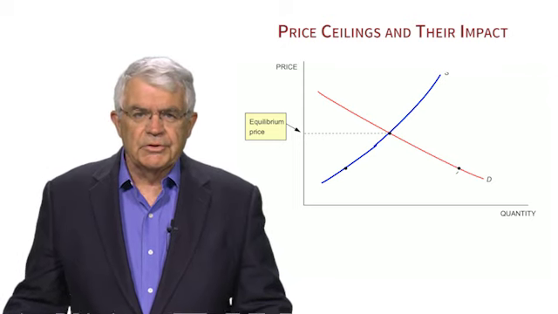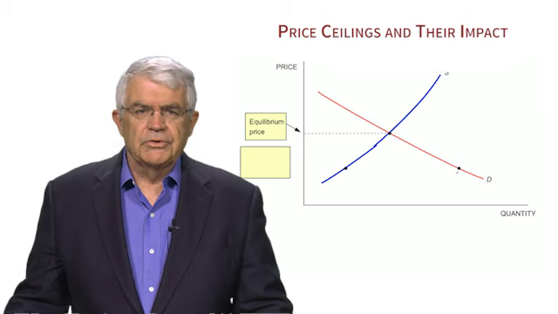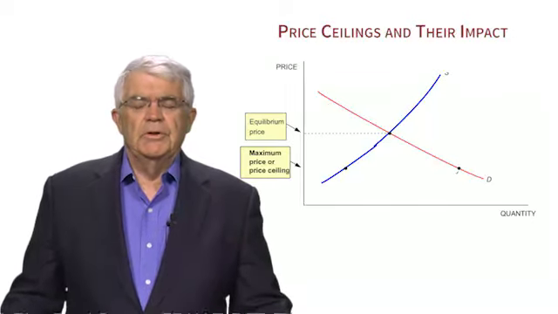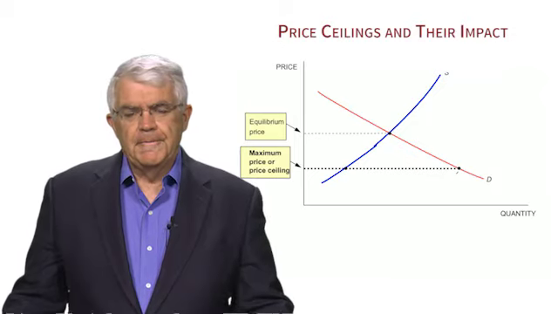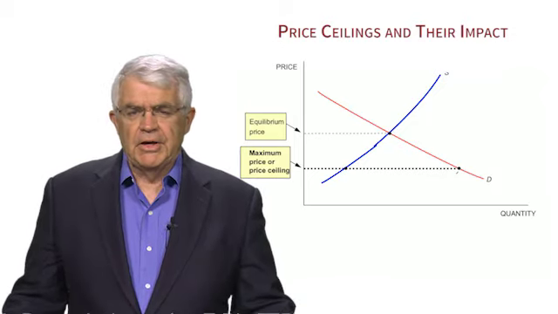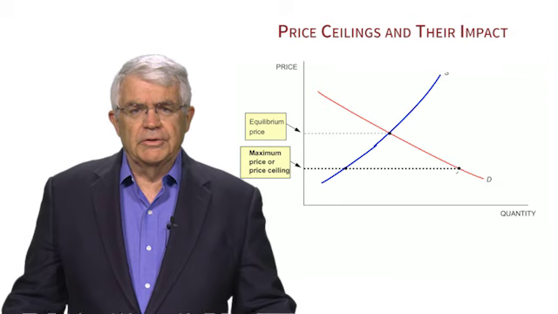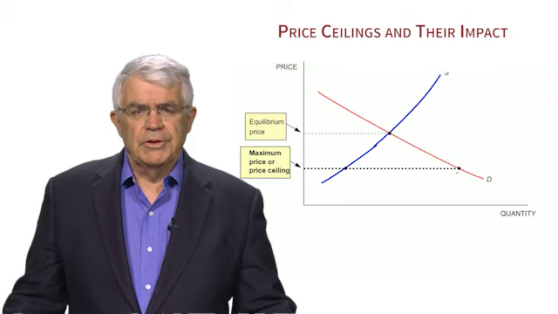A price ceiling, which I can represent in this picture, is where there's a maximum price that the government allows for this particular product. In this case, the price is not going to be at that equilibrium anymore, and so you're going to have to decide whether it's on the supply curve or on the demand curve.